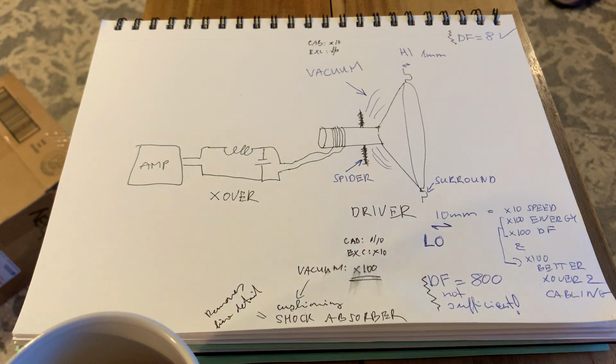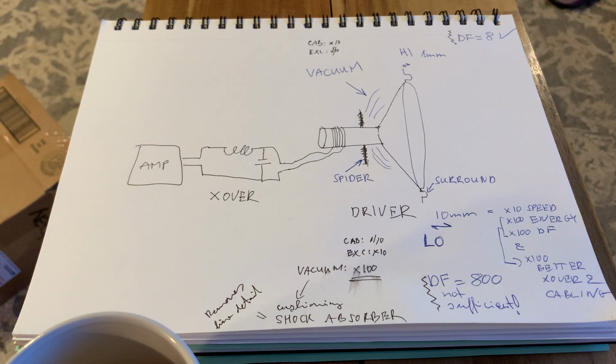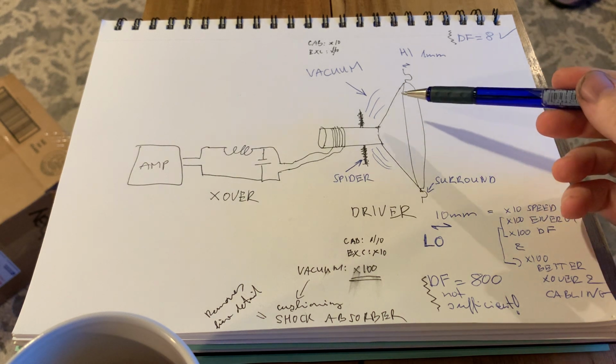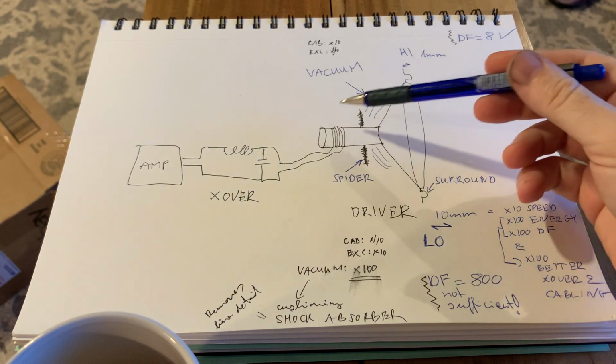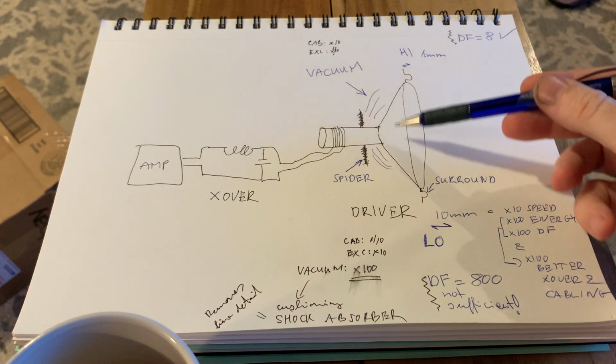So when we look at a driver, I made these drawings yesterday. I hope I can still recall what I wanted to tell with those, but this is how a loudspeaker cone looks like. So this is the basic elements of a driver. Here we see the cone itself.